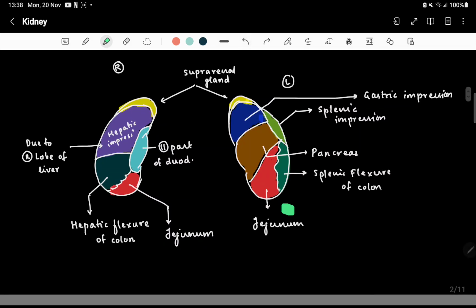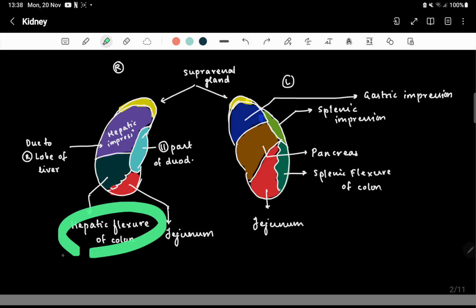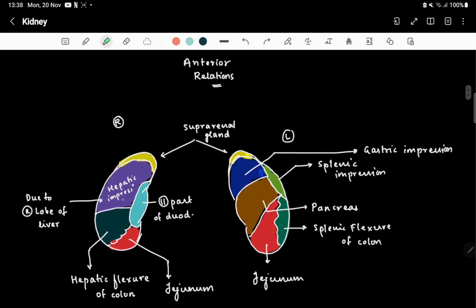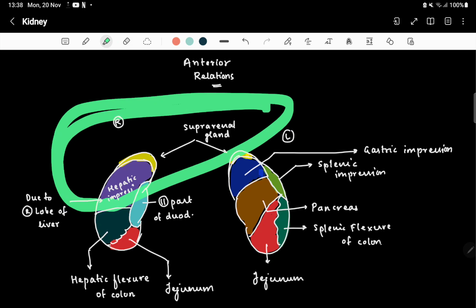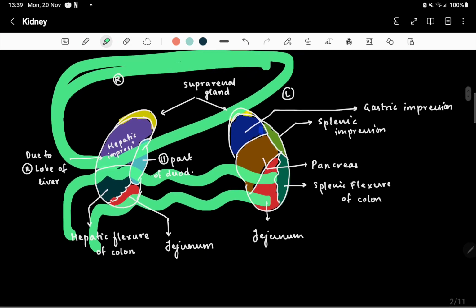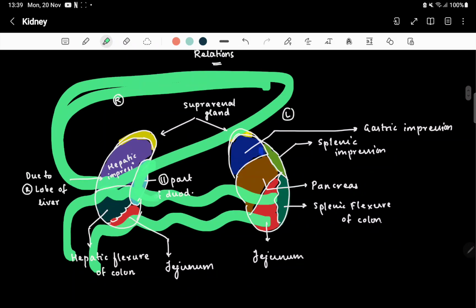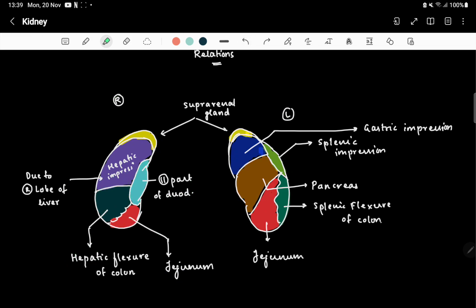Jejunum is present on both right and left. Imagine your liver is like that, and the hepatic flexure of the colon runs like that. Then the duodenum is there, attaching to that colon part. So these are your structures.